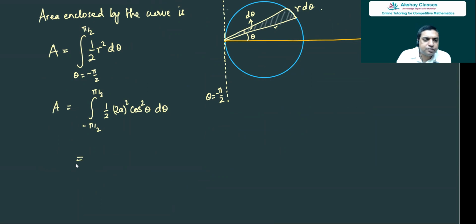Okay. So we get, because it is an even function, 2a square outside, so multiplied by 2, from 0 to pi by 2 cos square theta d theta.